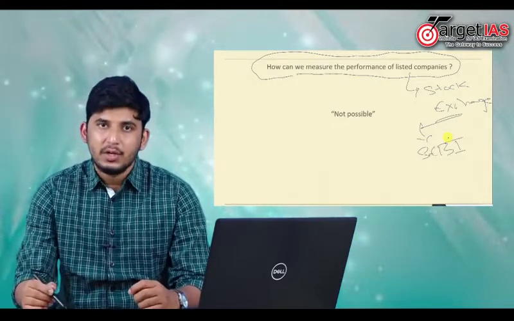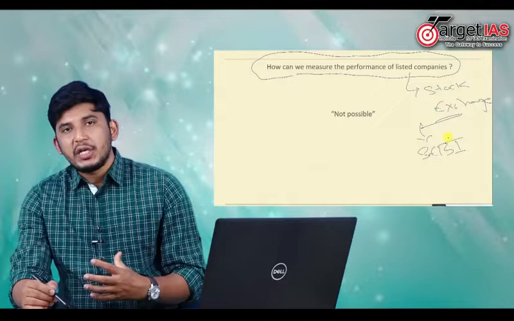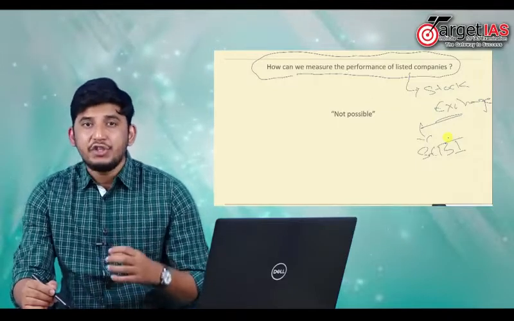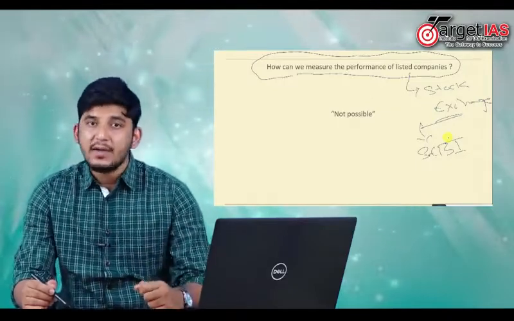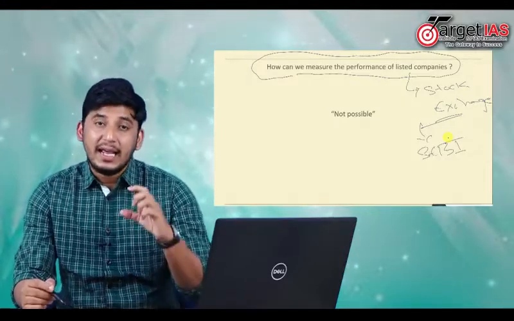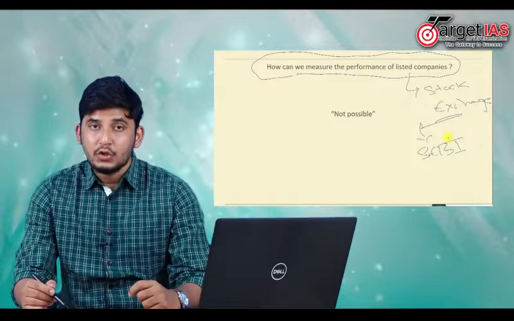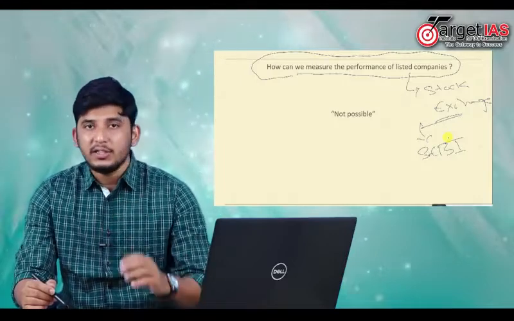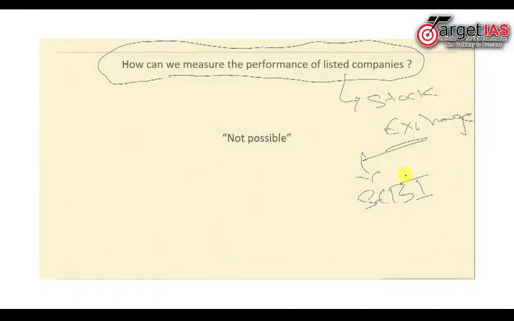Yes, it is. That's why these institutions clubbed together high blue chip companies who have a high track record, mark their performance and take an average out of it. So that's why we are going to come up with the terminologies called Sensex and Nifty.